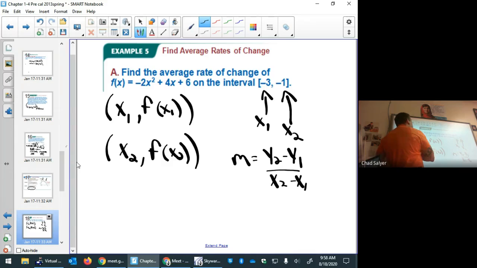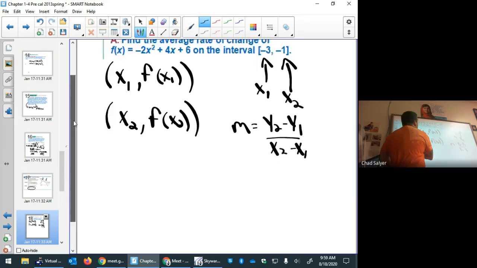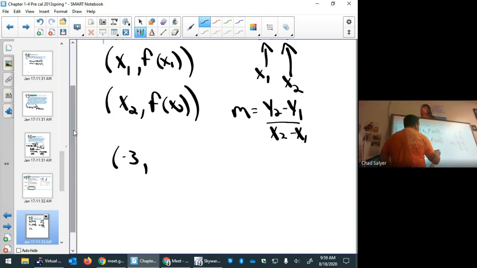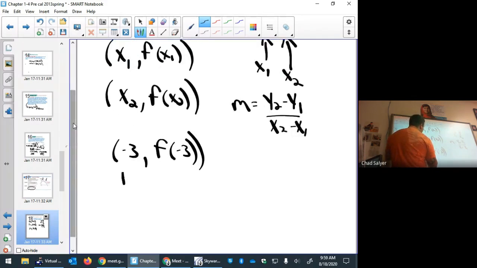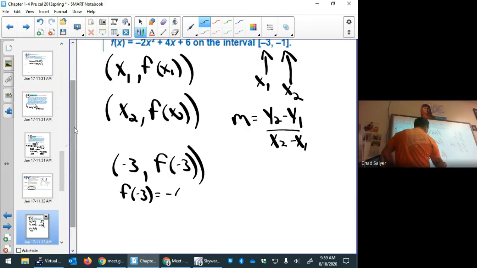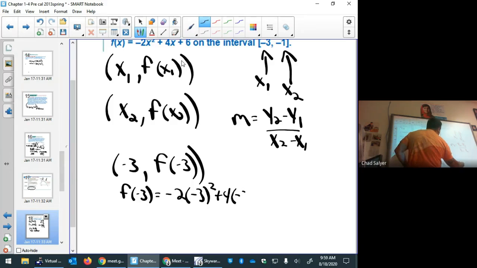So first, let's find f of x sub 1. So that's negative 3. If I plug in negative 3 into the function, we get negative 2 times negative 3 squared plus 4 times negative 3 plus 6.